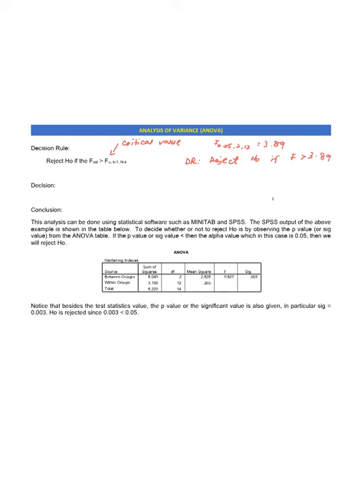Okay, so kalau kita tengok table, this one is our critical value, 3.89.